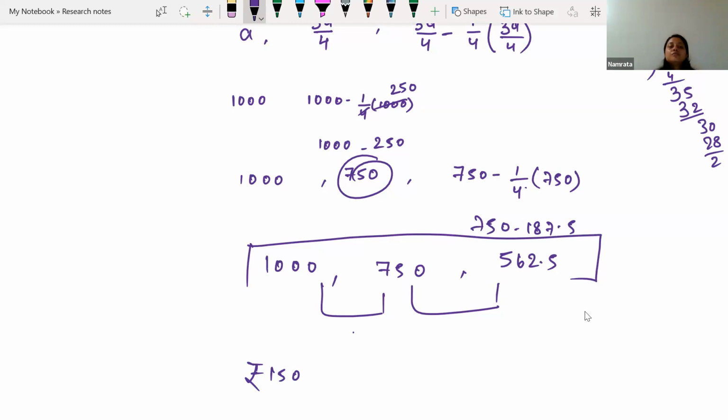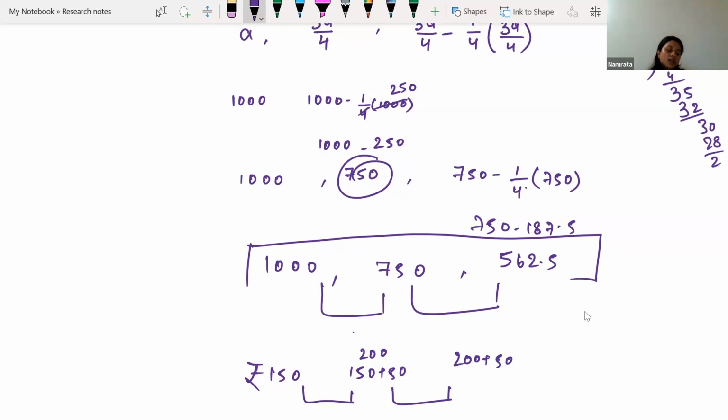For the second meter it is 150 plus 50, then 200, then 200 plus 50. So here we can see it's in AP, right? Yes, ma'am. So this is in AP.